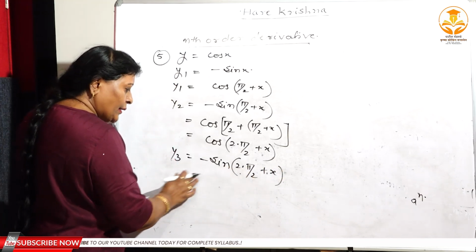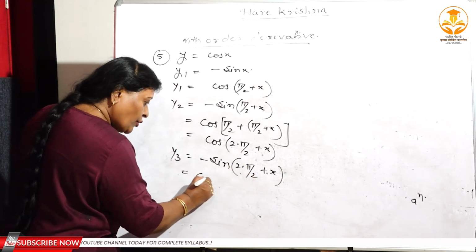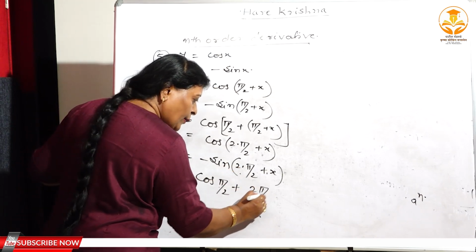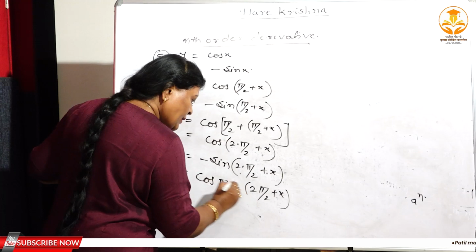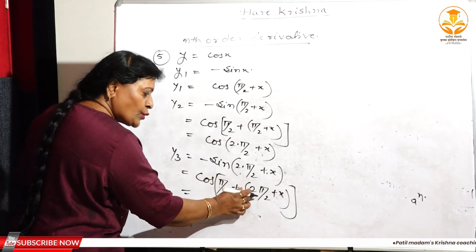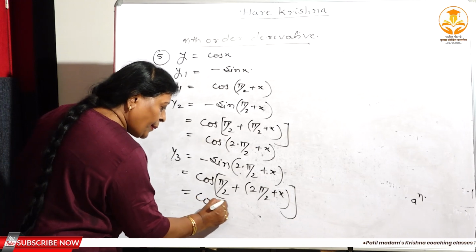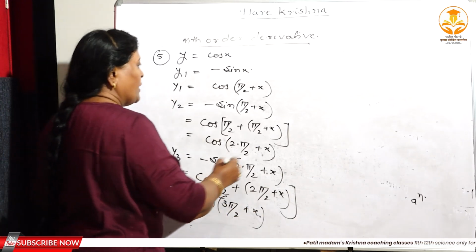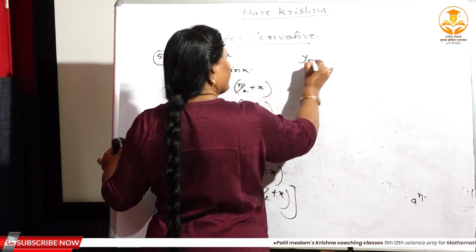Again minus sin theta you can write as cos of pi by 2 plus this angle, that is 2 pi by 2 plus x, isn't it? Therefore, again here pi by 2 plus 2 pi by 2 is equal to 3 pi by 2 plus x, right? Now here you have got the sequence. Therefore, you can find out the nth order derivative.